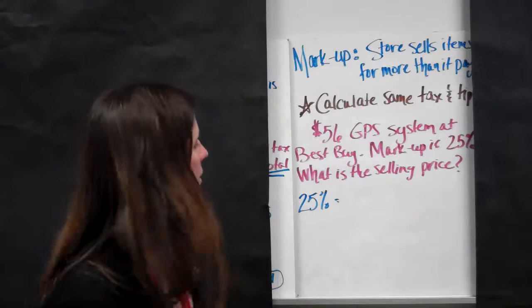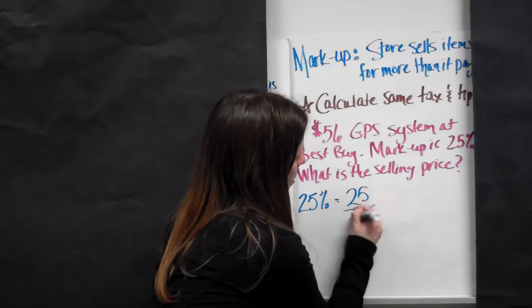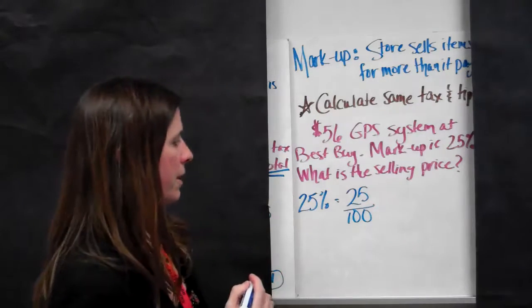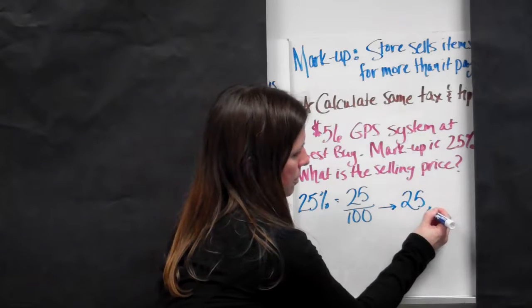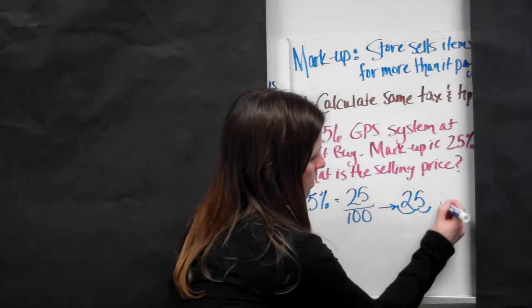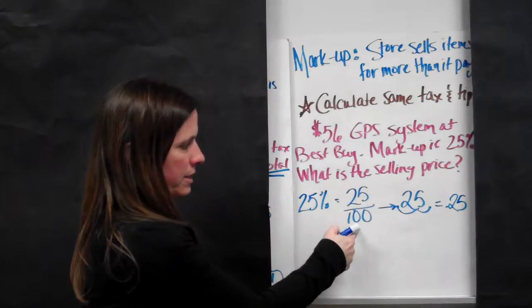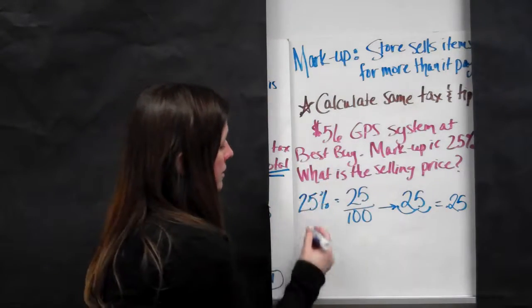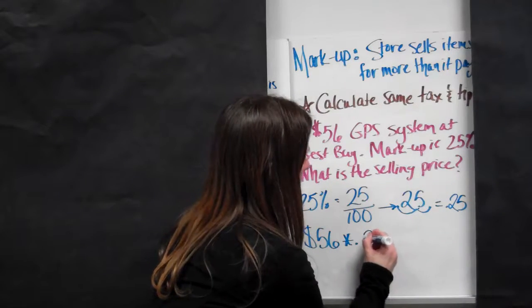Total cost, okay? 25%, that's going to be out of 100, percents out of 100, right? So your decimal here at the end, you're going to move it 2 to the left, and it becomes 25 hundredths, just as you would read this here, 25 hundredths. So you're going to take that times your $56.